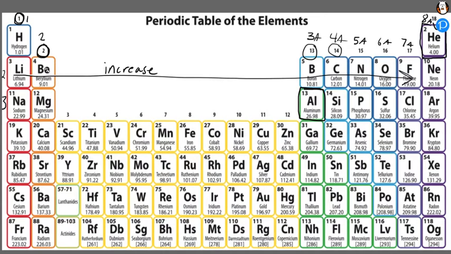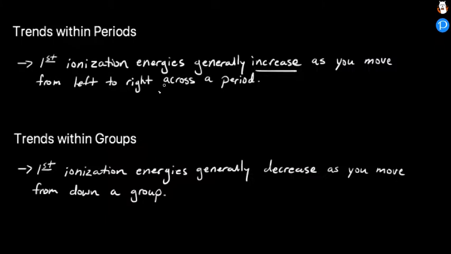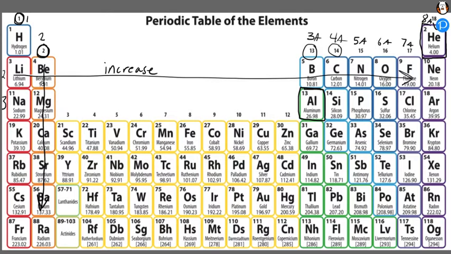And then as I move down a group, going this way, the ionization energies generally decrease. It gets easier to remove those electrons as you move down a group. So coming back to the periodic table, as I move down from lithium down to something like cesium, it's much easier to remove electrons from things like rubidium and cesium than it is lithium.